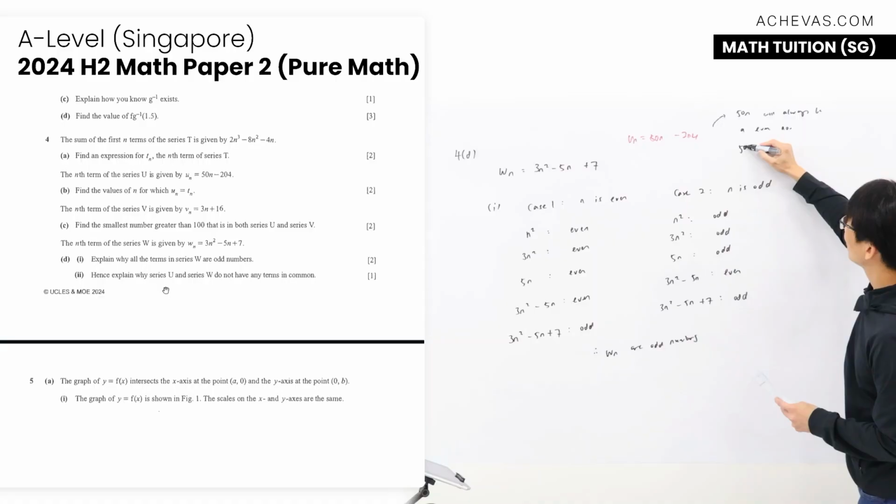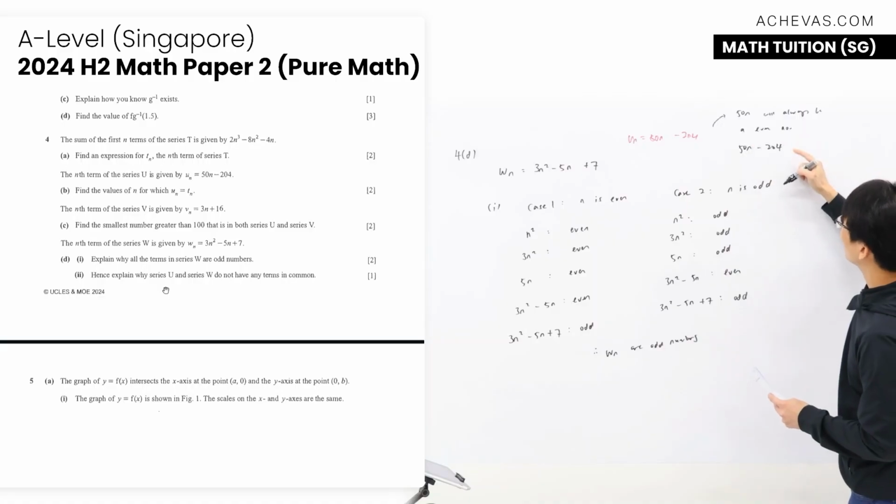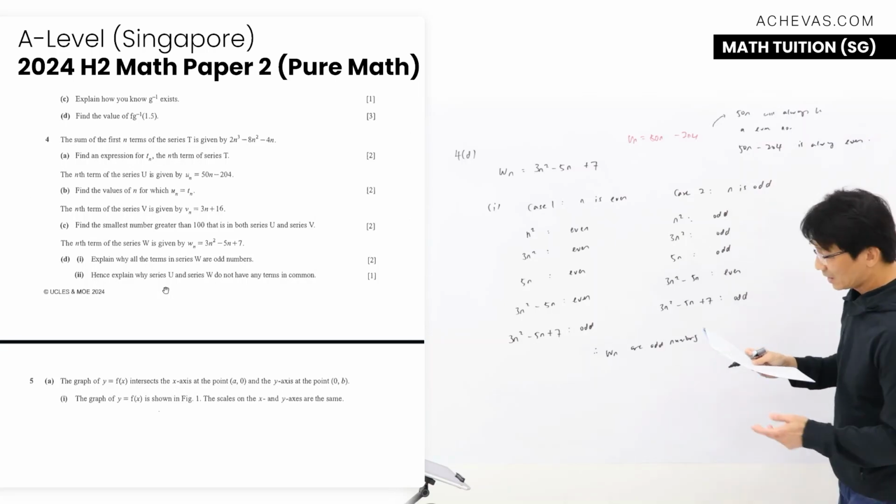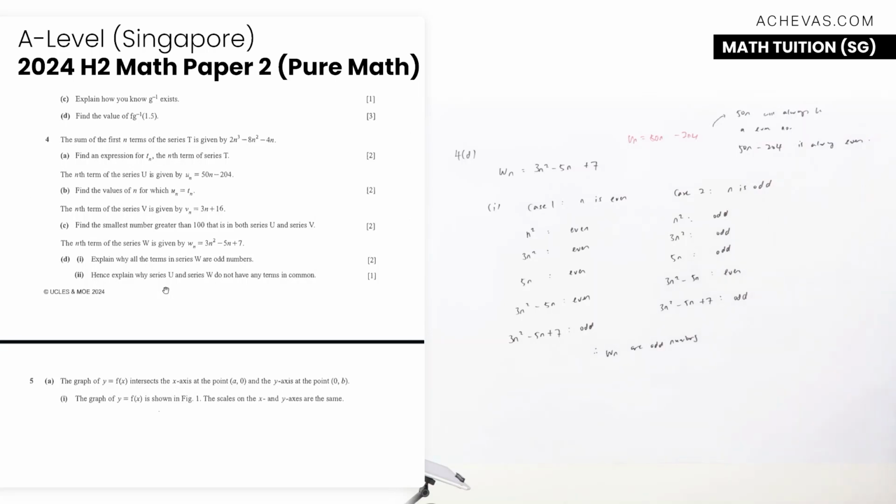And if you use 50n minus 204, again it is always even. An even minus an even will always give me an even.